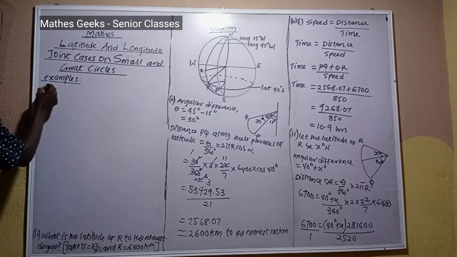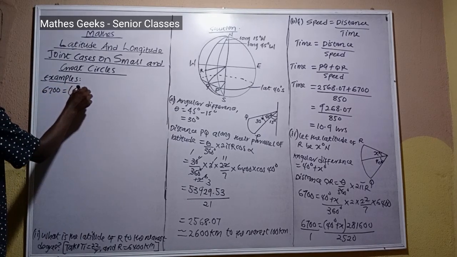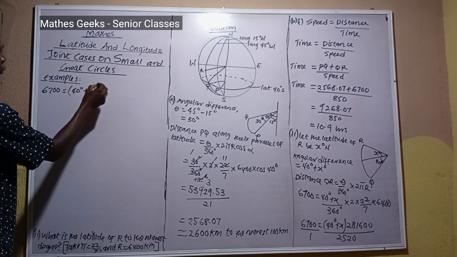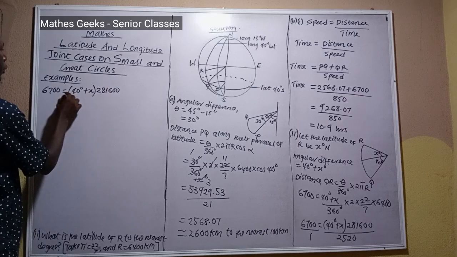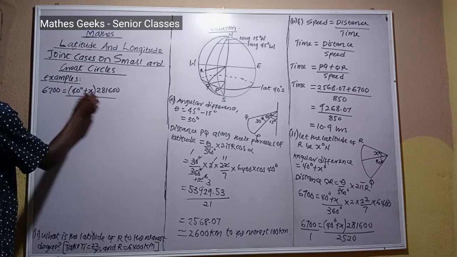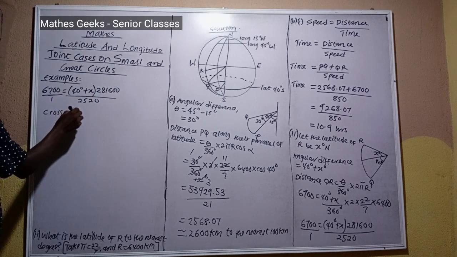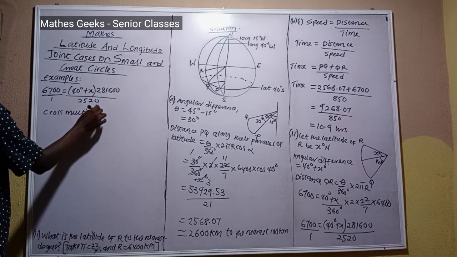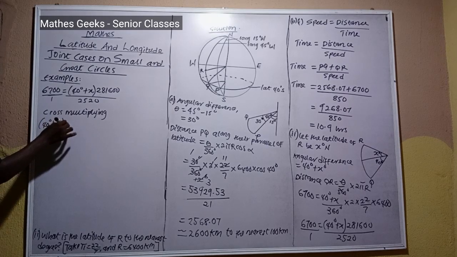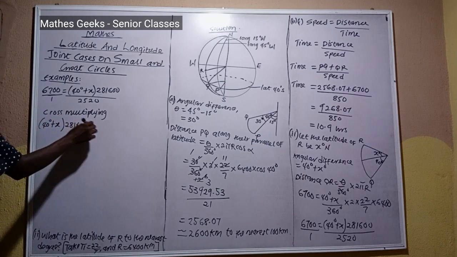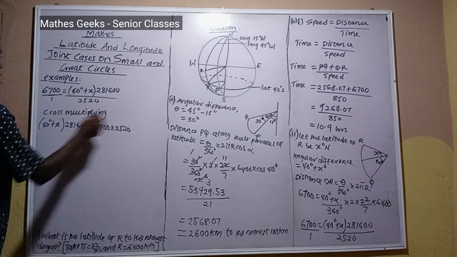So 6,700 equals 40 degrees plus x, times 281,600 over 2,520. Cross multiplying, 40 degrees plus x times 281,600 equals 6,700 times 2,520.